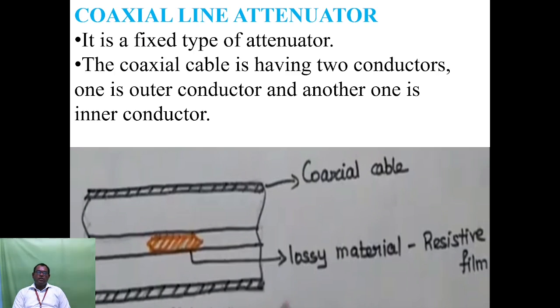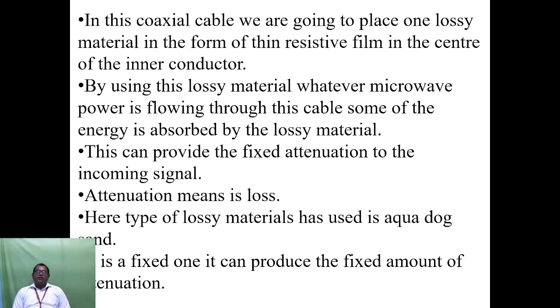As I told you, in the middle part of the coaxial attenuator we use lossy material. Whatever microwave power is flowing through this cable, some of the energy is absorbed by the lossy material. This provides a fixed attenuation to the incoming signal, and attenuation means loss.